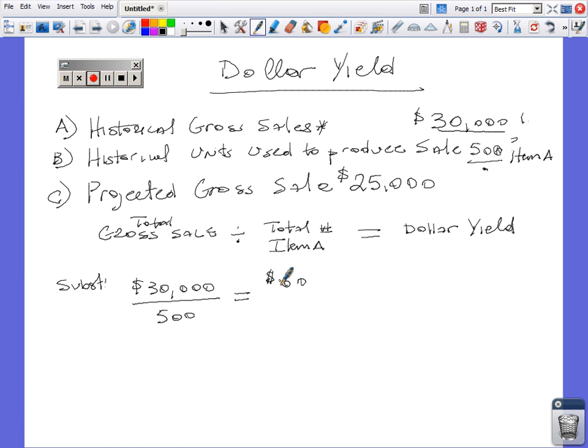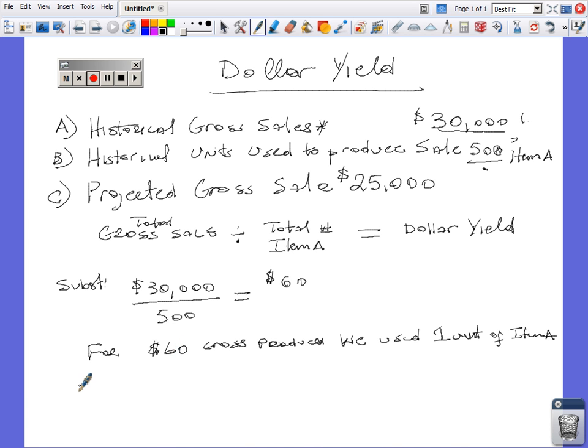And what this tells us is that for every $60 in gross sales produced, we used 1 unit of item A. Pretty simple. 1 unit of item A produced $60 in gross sale.